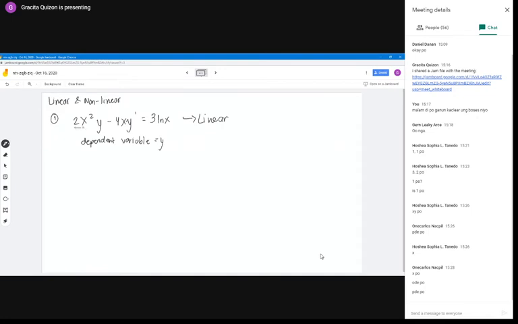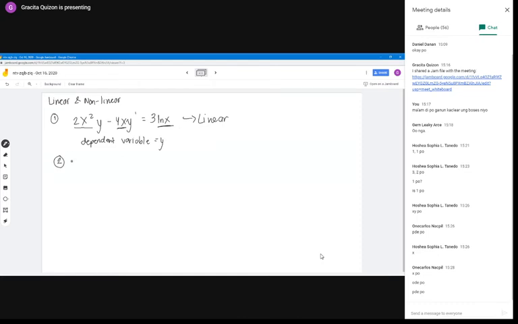We only multiply it by the variable x, not by y. So the second rule is also satisfied. The third is no transcendental function of the dependent variable. What is used here is the independent variable x. That is why it is linear.